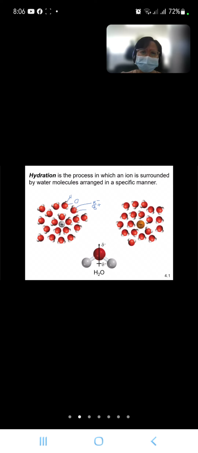It will pull the electron of hydrogen. Because of that, the electron of hydrogen will be pulled by oxygen, so oxygen becomes partially negative. Hydrogen, since its electron is pulled by oxygen, becomes partially positive.